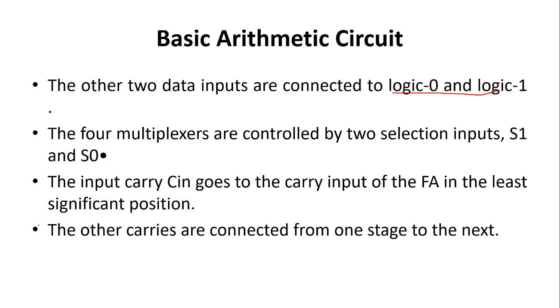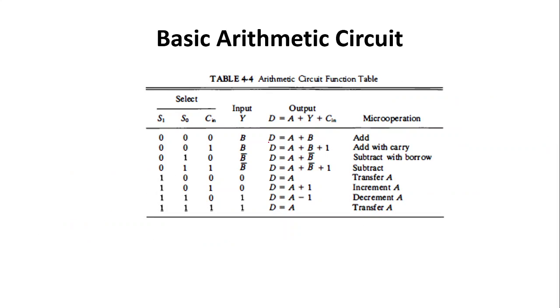The four multiplexers are controlled by two selection lines, as I have shown you, S1 and S0. The input carry Cin goes to the carry input of the full adder in the least significant position. The other carries are connected from one stage to the next stage. This is the basic arithmetic circuit function table.